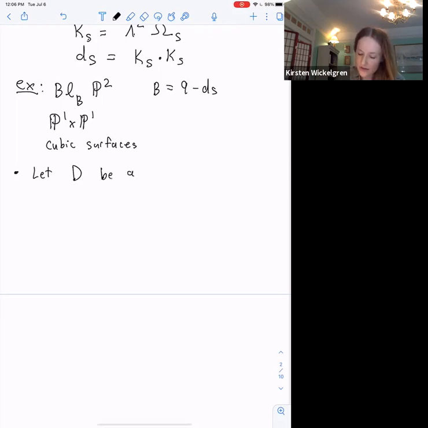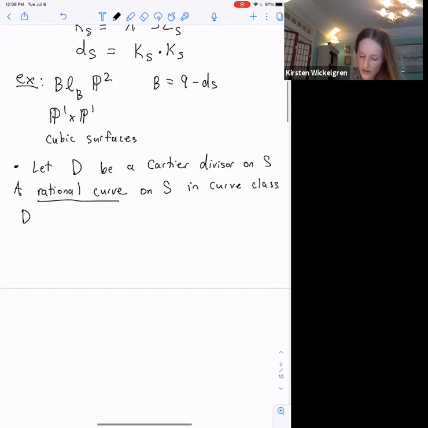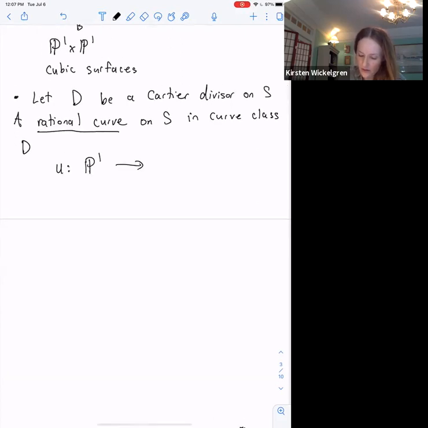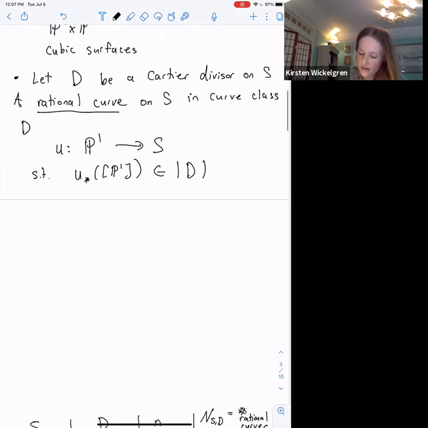So let D be a Cartier divisor on S, and we'll be interested in rational curves on S in curve class D. So it's a map whose pushforward of the fundamental class is the same in Chow as this divisor, so we've got a map P1 to S such that its image is in the linear system determined by D.